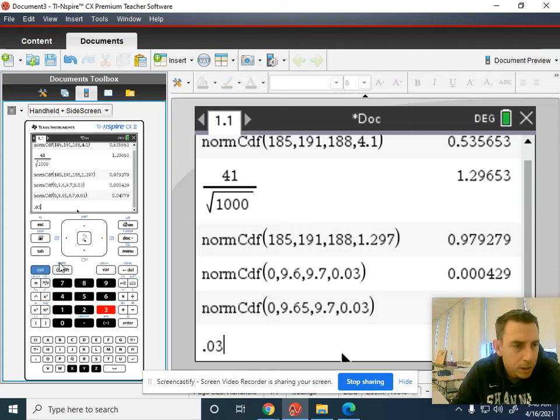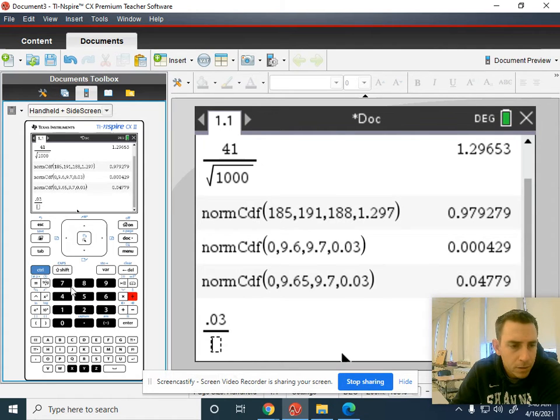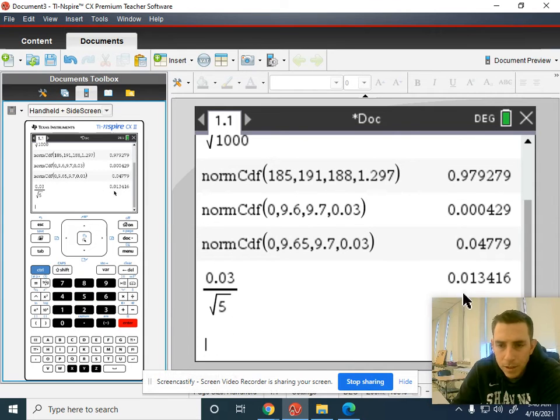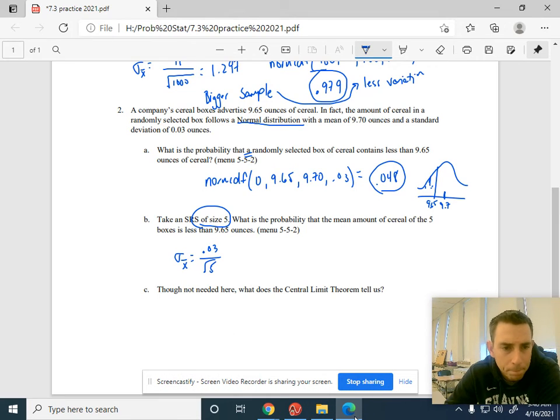So 0.03 divided by the square root of 5 is 0.013. Now I can figure out probability by going to norm CDF.